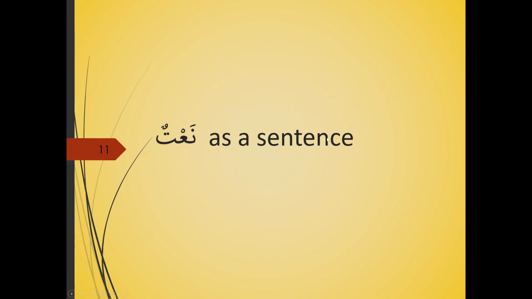So now we start with na'atun. Na'atun, as you know, is another name for sifah. Man'ud and sifah. Some prefer to use na'atun because wasf or sifah has other meanings as well. It has description, which does not necessarily come with a mawsuf. So you can have a description that doesn't have a mawsuf.